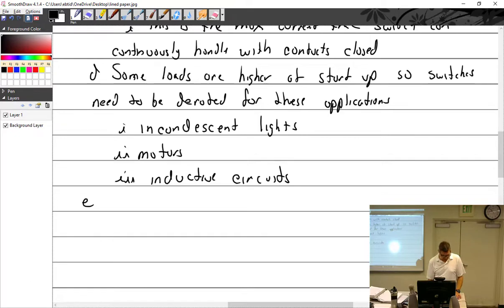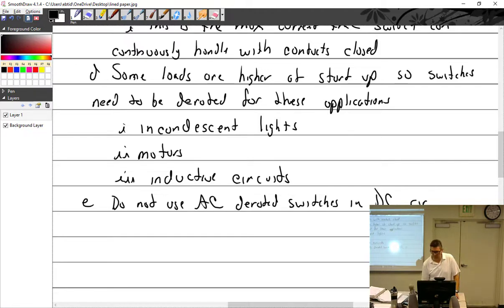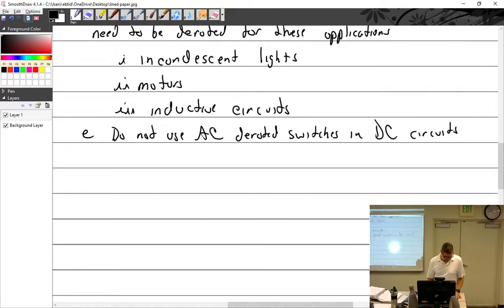So, let's see. This note here: do not use AC derated switches in DC applications. Make sure you're using the right system.